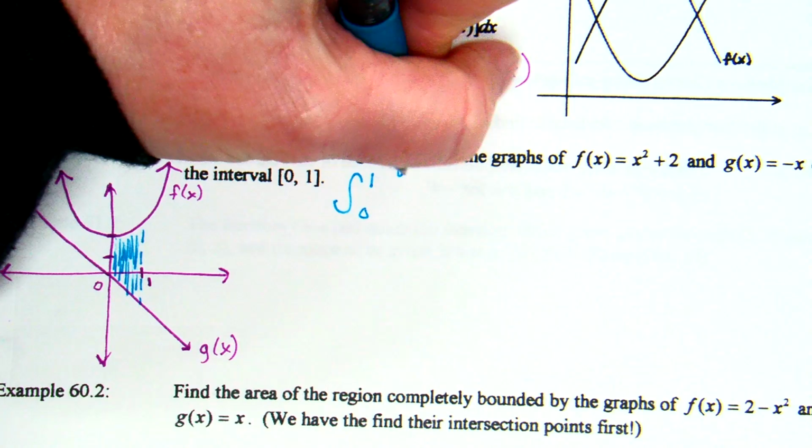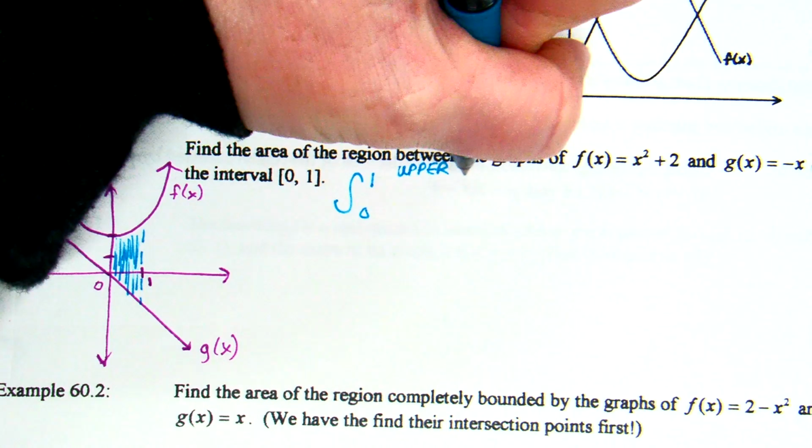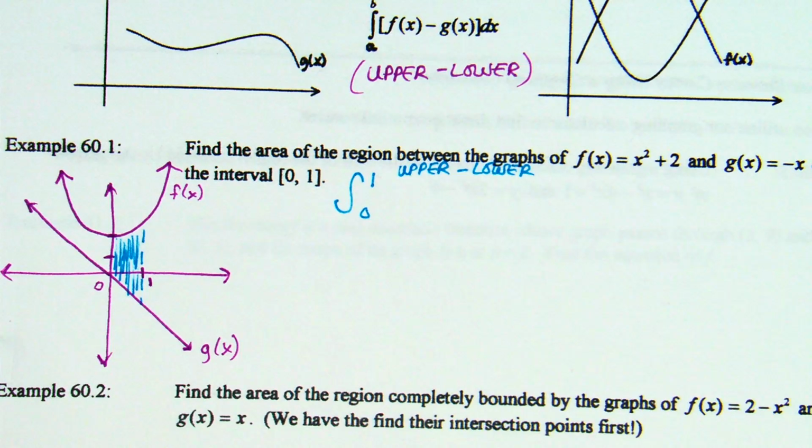I don't want you to get hooked on, like Cassie was asking, f of X minus g of X. So I'm going to write in upper minus lower, because I don't want you to get hooked on the letters there. So the upper is the X squared plus 2. And then what's my lower?